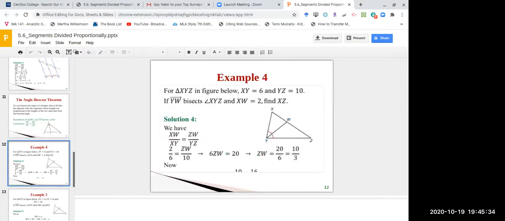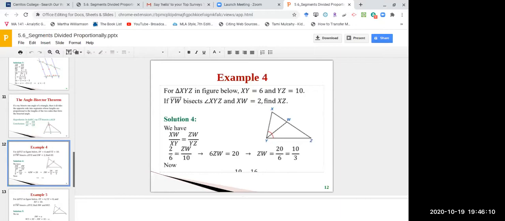So I can use that to find sides of a triangle. For triangle XYZ in the figure below, XY is 6, YZ is 10. If YW bisects angle XYZ and XW is 2 units, find XZ, find the whole length.